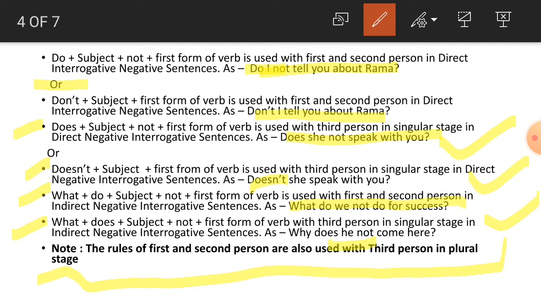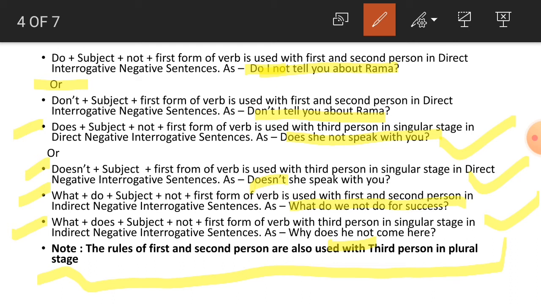The rules of first and second person are also used with third person in plural stage. It means what rules we apply with first and second person, all those rules will be applied with the third person in plural stage.